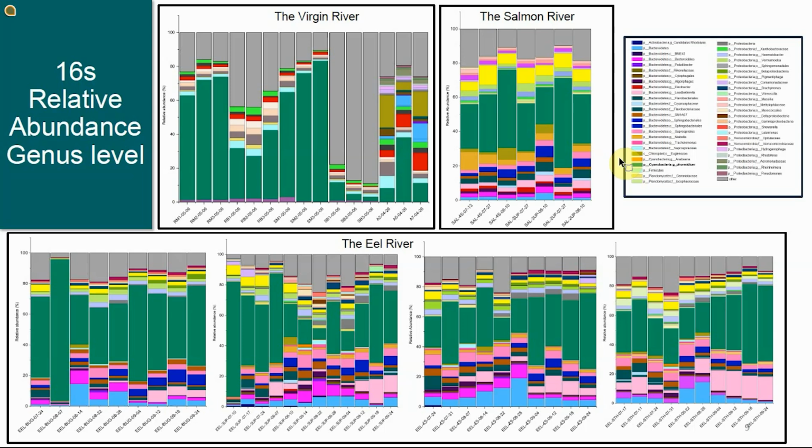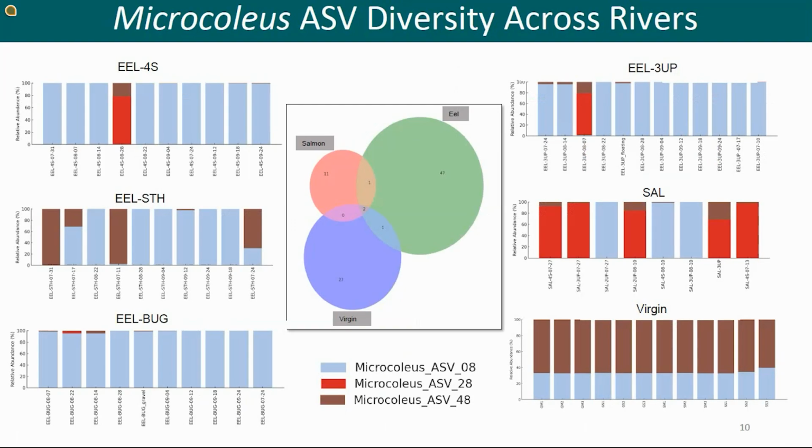So now we know that all these rivers have Microcoleus, which is abundant in all these samples, but we don't know which lineage this Microcoleus comes from. Is it just one single species, or multiple species growing together?